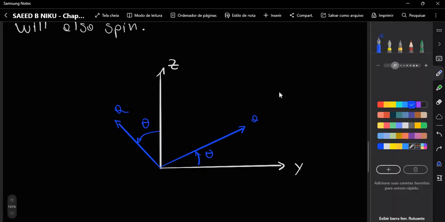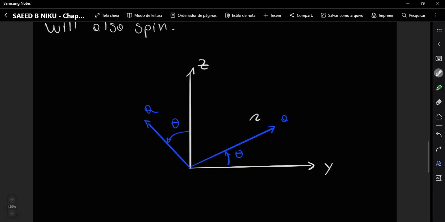So as this point P is moving, we will have the decomposed components of O and A for this point P.